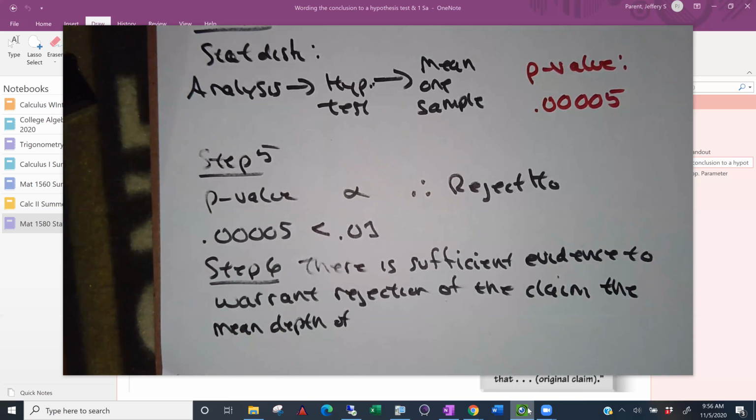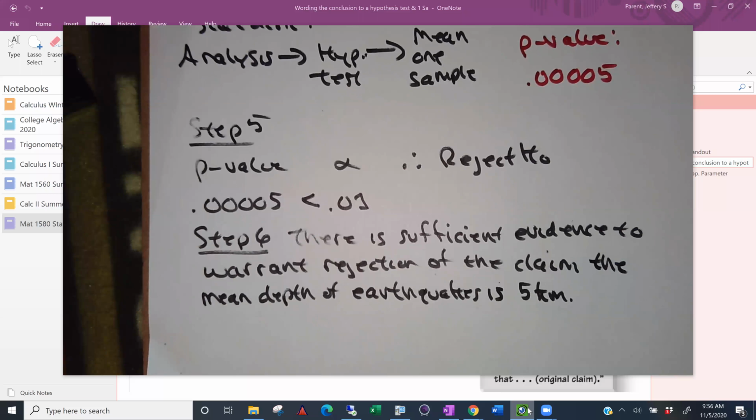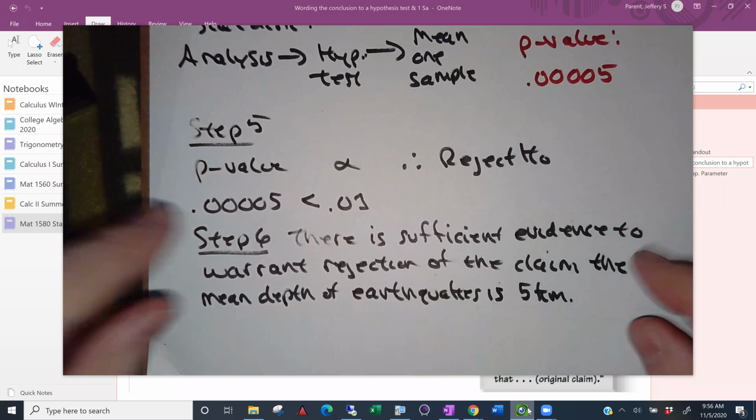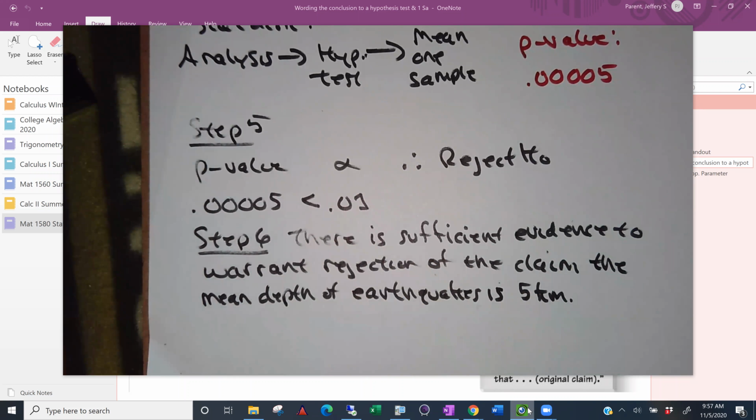I was just going to write there's sufficient evidence to warrant rejection of the claim that the mean depth of earthquakes is 5 kilometers. Yay. So yours is actually a little bit better than this, but this is good enough for what we need here.